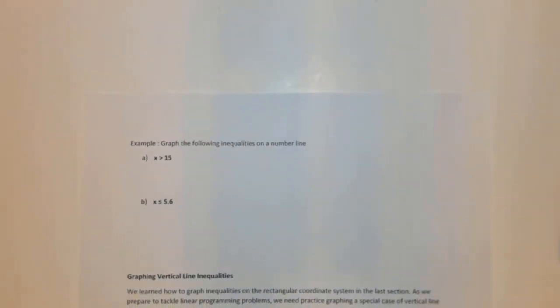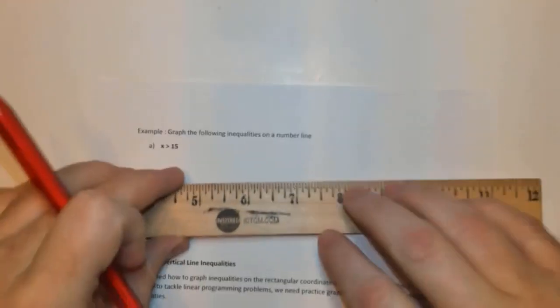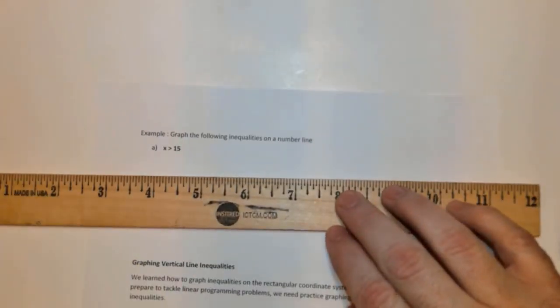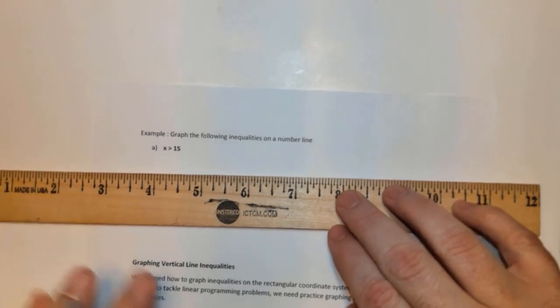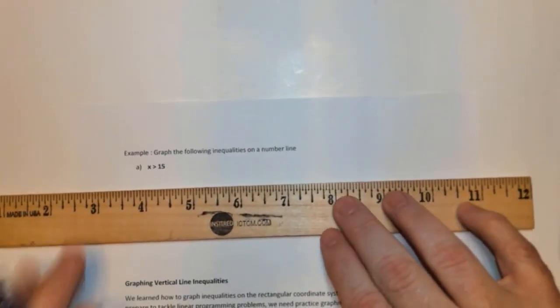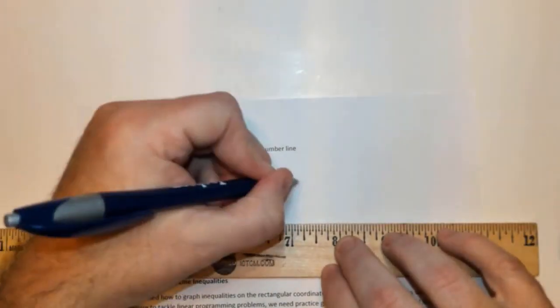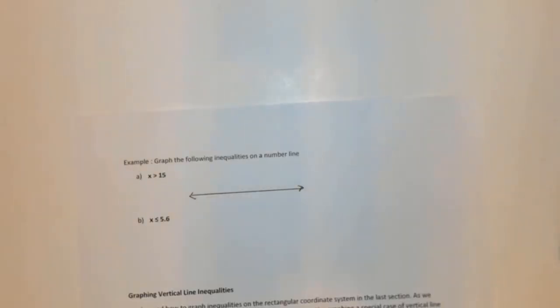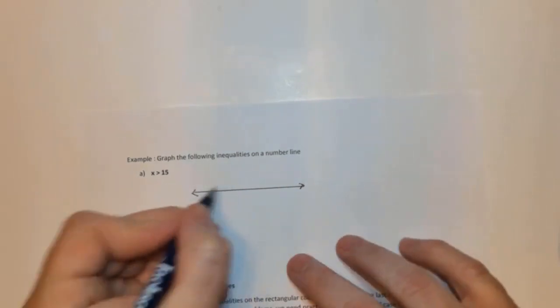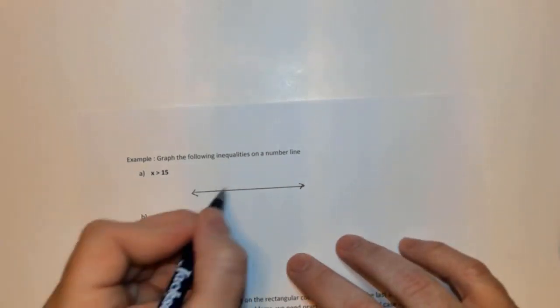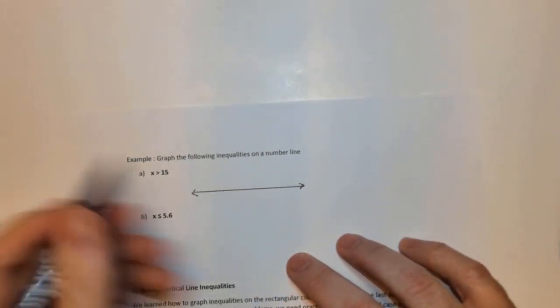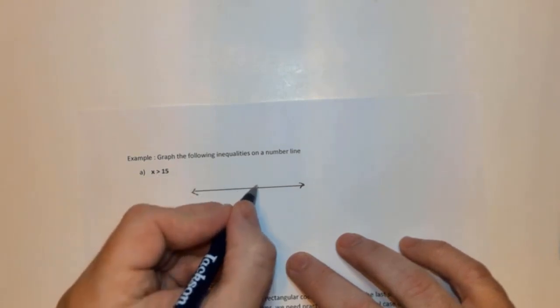So they ask us to graph these on a number line. Fortunately, my understanding is that on the homework, it'll be multiple choice, so as long as you understand it, you won't actually have to graph. You just have to pick out the correct one. So when we graph these, we only have to really worry about the numbers that are on here.